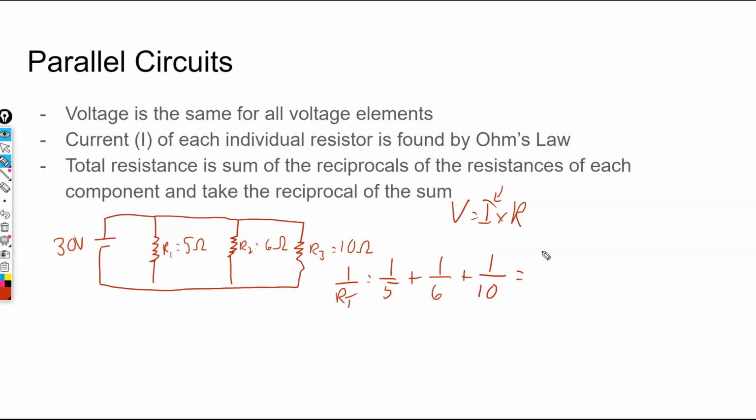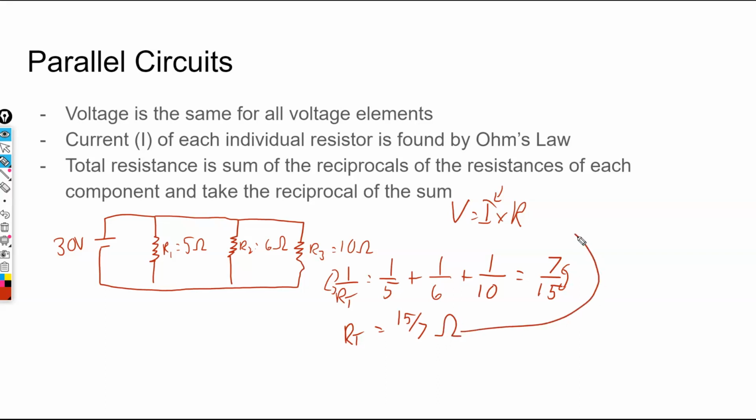So once we add all those together, we should get 7/15 for 1 over RT. Remember, we want to find what RT is, so we'll just flip it to get RT. So it'll be 15/7 ohms. I'm going to leave it as that for right now, just to make it easier.